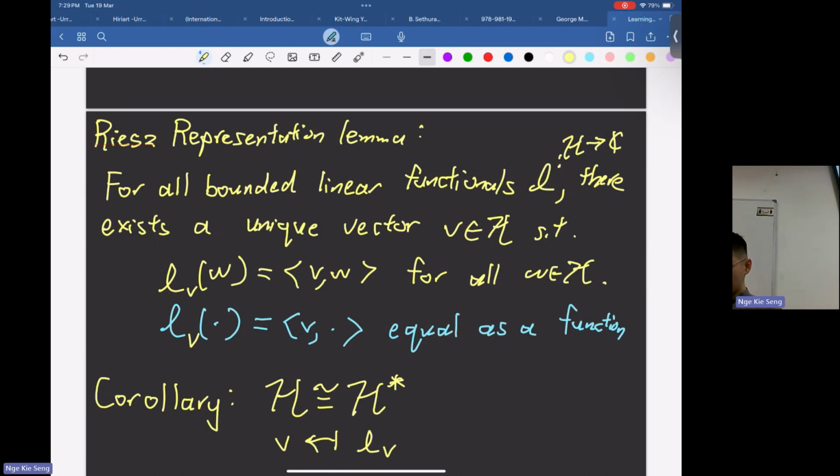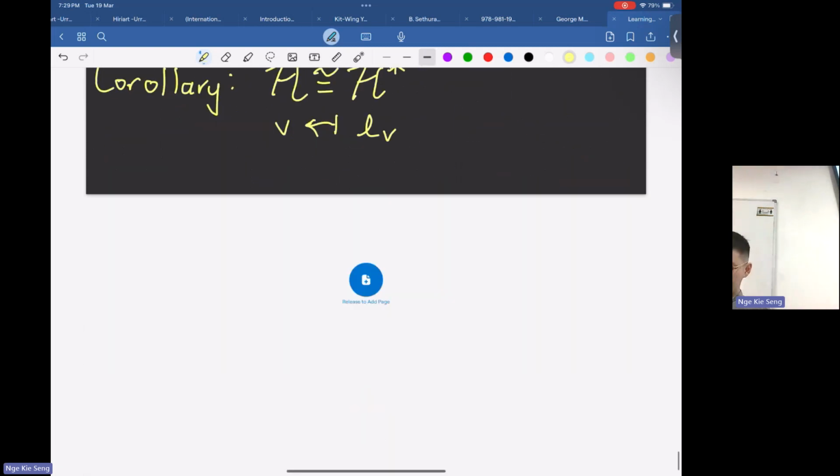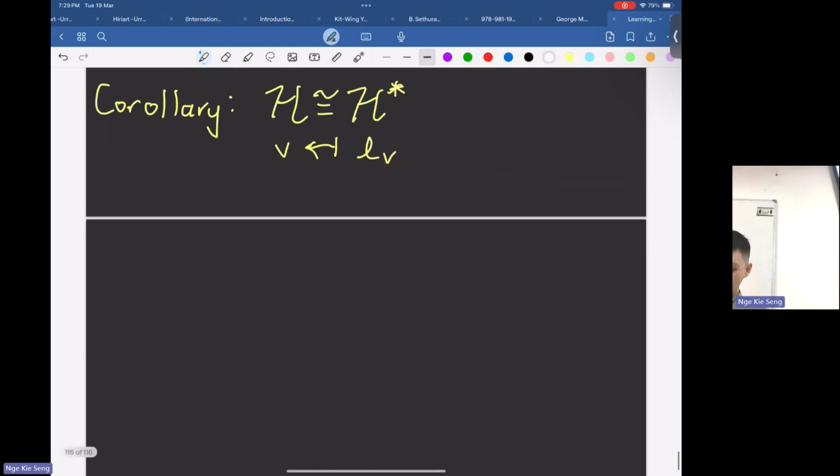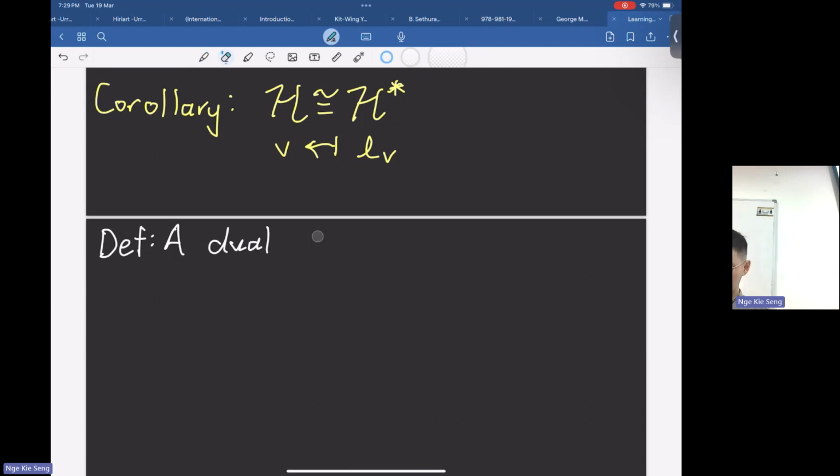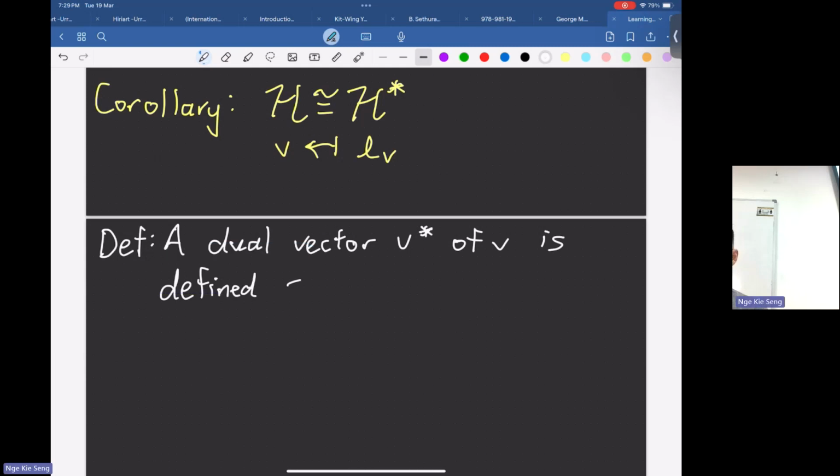Okay. So this is how we define the dual of a vector. The dual of a vector V, V star, is defined to be L_V.